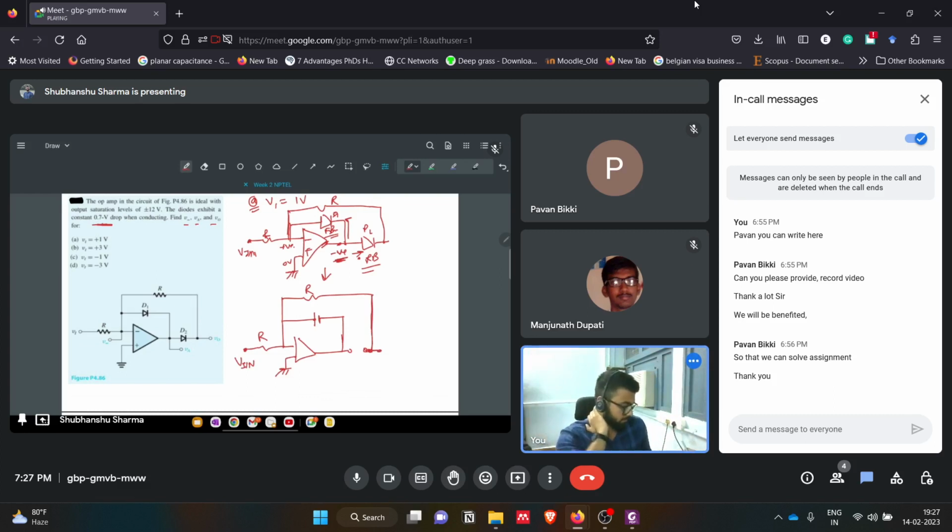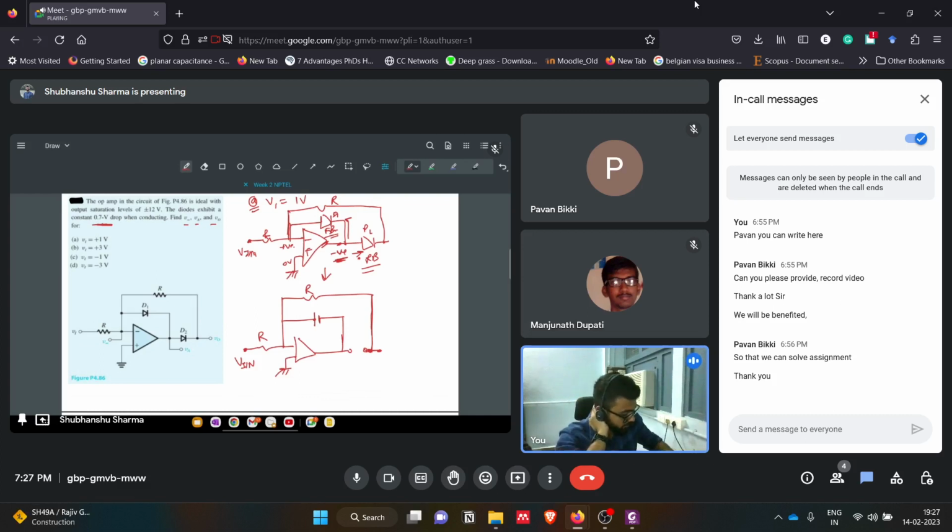You have to realize the states of the diodes, how the circuit is behaving, what parts are used in the op-amp circuit, and how you can separate them, analyze them separately, and then combine them finally to get the final answer.